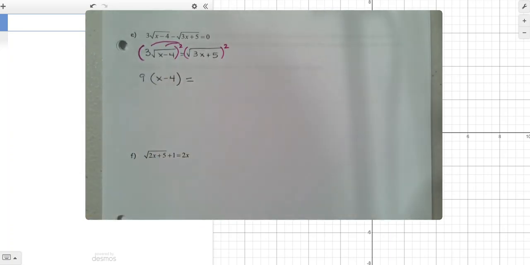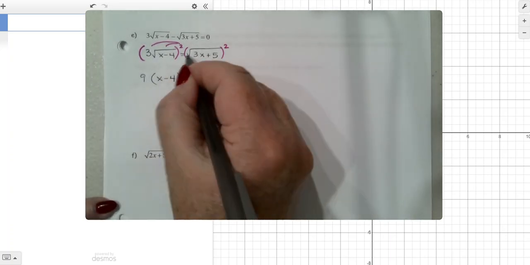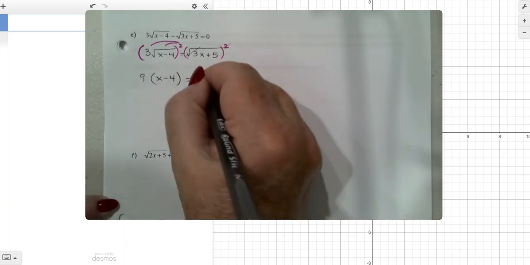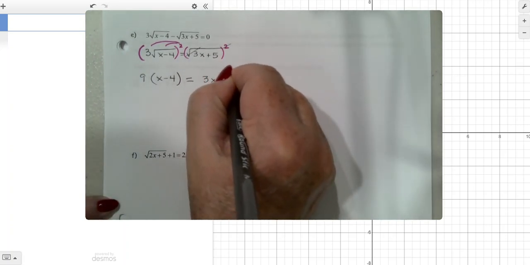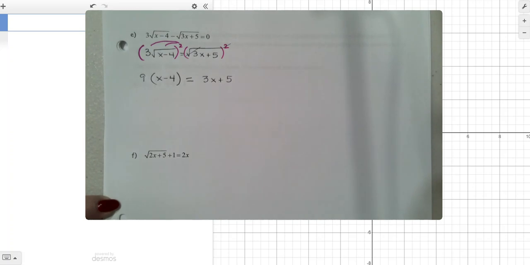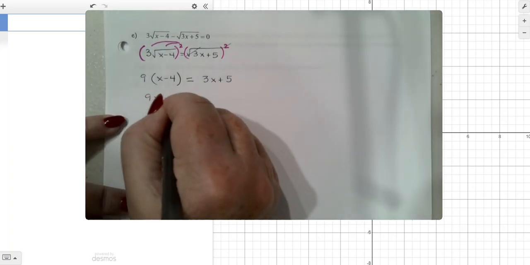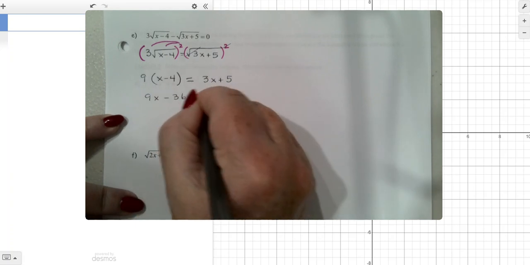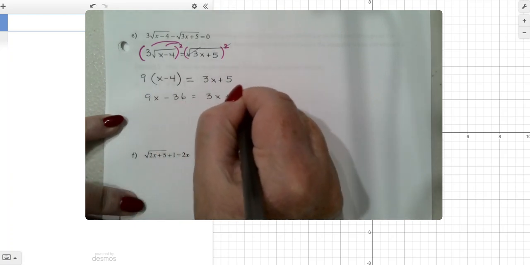All right, equals. On the other side, I've just got squaring a square root, so 3x plus 5. All right, nice linear equation here. That's 9x minus 36 equals 3x plus 5.